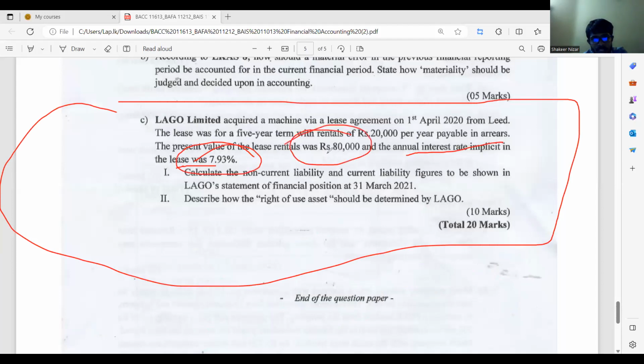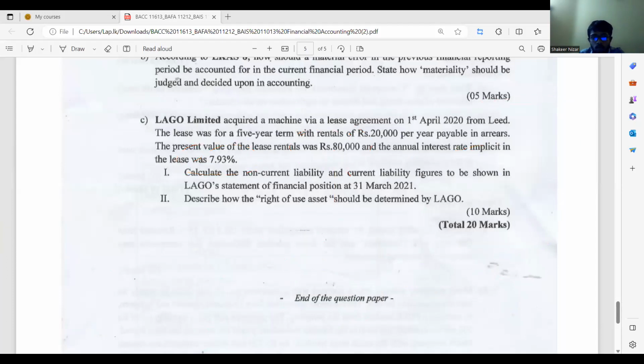The lease liability is given, because when we are doing this paper, our course does not contain SLFRS 16. That's why it is given. But you will learn about it in these lecture slides. So you need to know how to calculate the present value of future cash flows over 5 years, years 1, 2, 3, 4, 5.